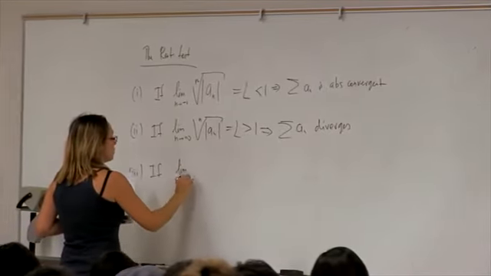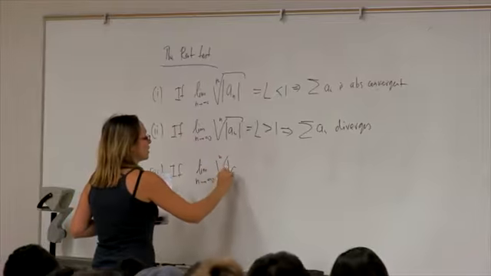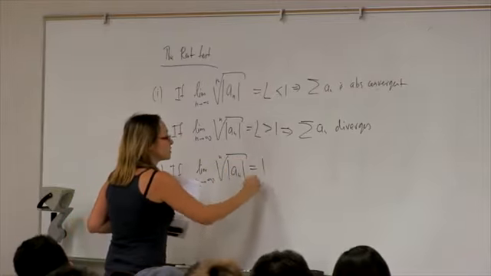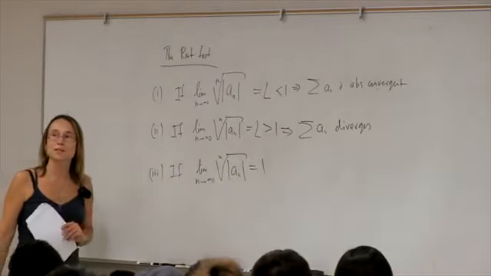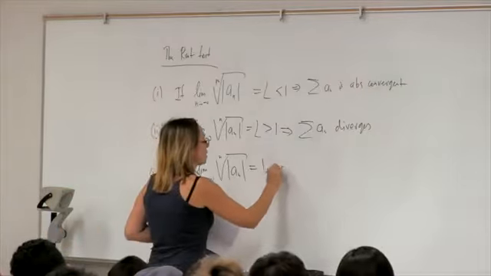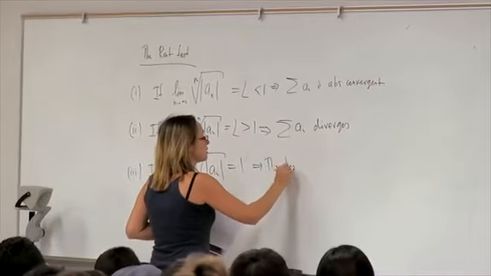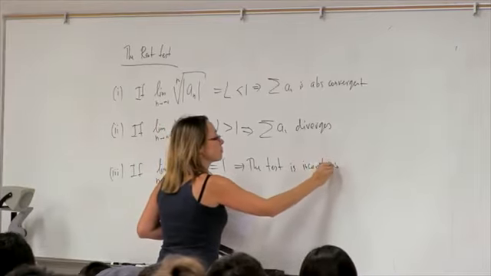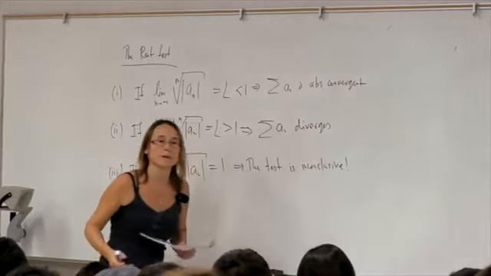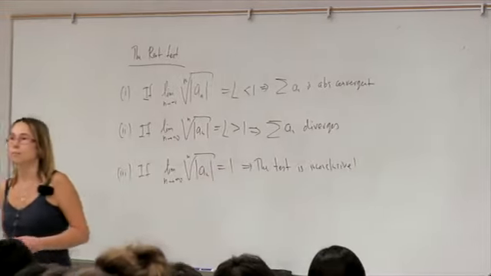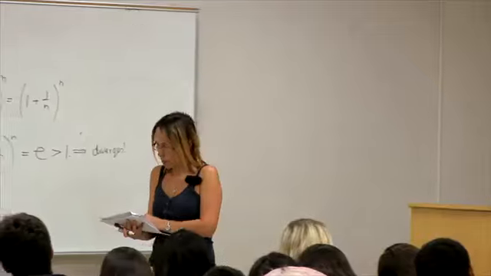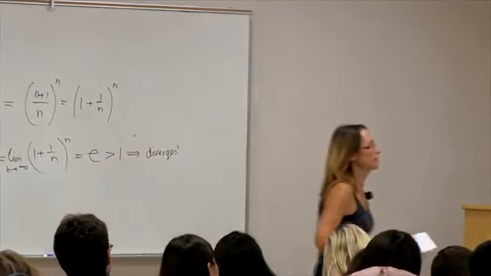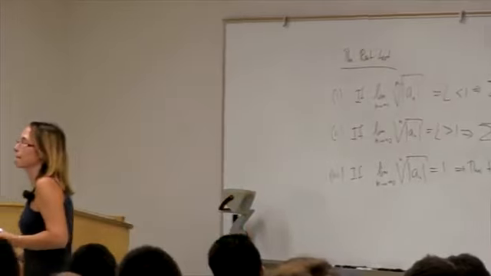And finally, if this is equal to 1, this is the last case, the test is inconclusive. Okay? So a very similar pattern that we observe here. Let us look at some specific examples.